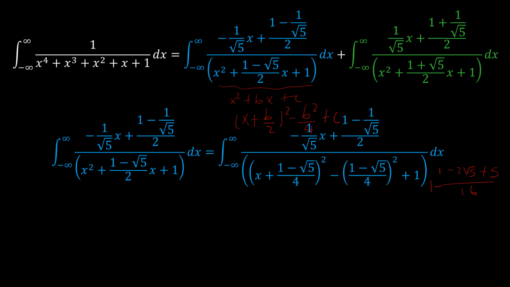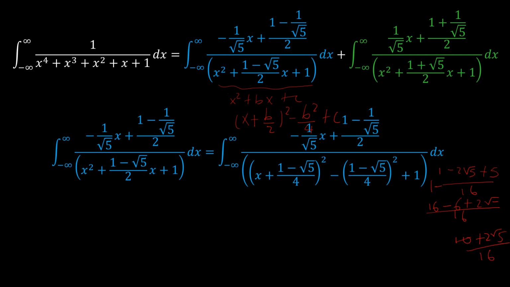I'm going to do that. So this eventually becomes 16 as our denominator, and then 16 minus 1, minus 5, plus 2 root 5 minus 1... so the numerator becomes 10 plus 2 root 5 over 16.